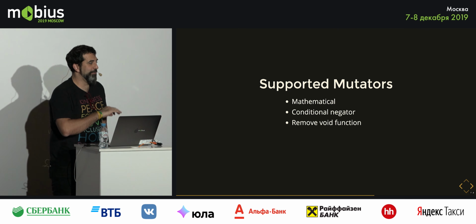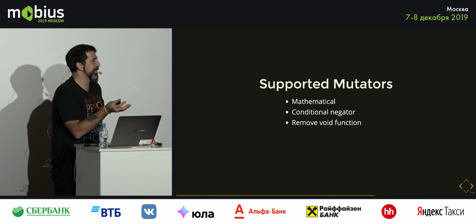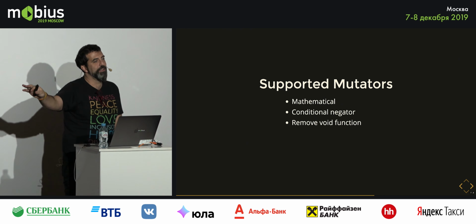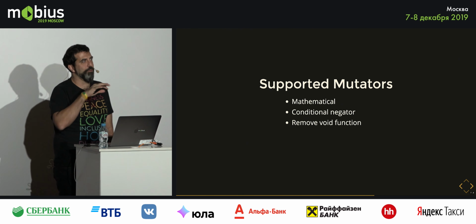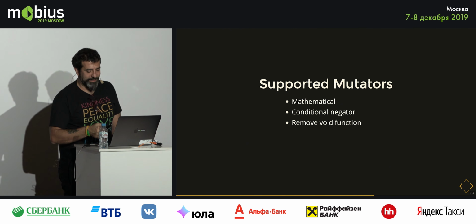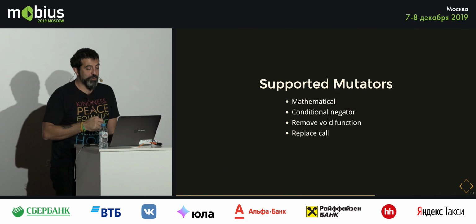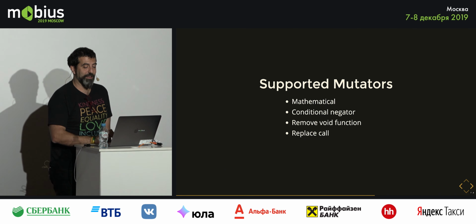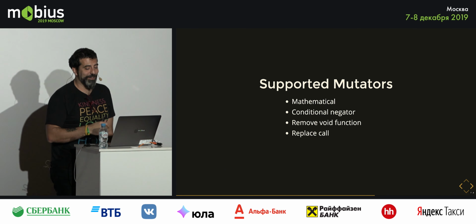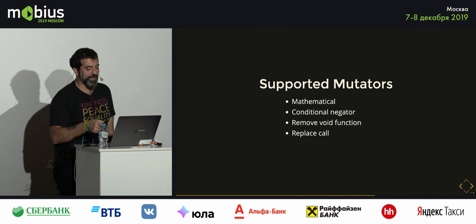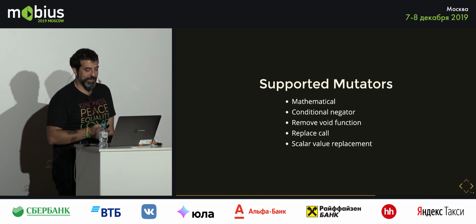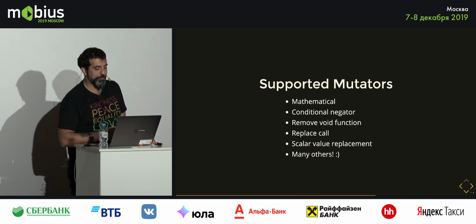Basically, every time that it finds a function that is void, it doesn't return anything, it just removes the execution of this function from the function that is under test. Replace call, obviously, you can replace a call and return a floating point or an integer, an arbitrary value, and you can see how your software behaves, and you can replace any scalar value.